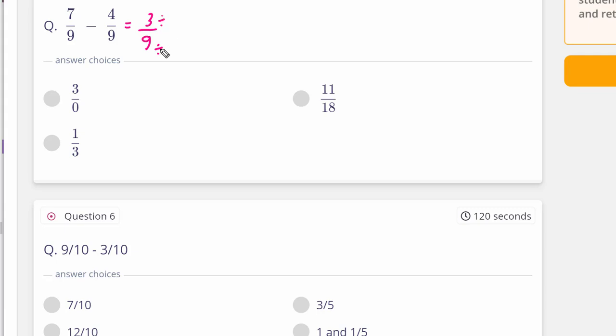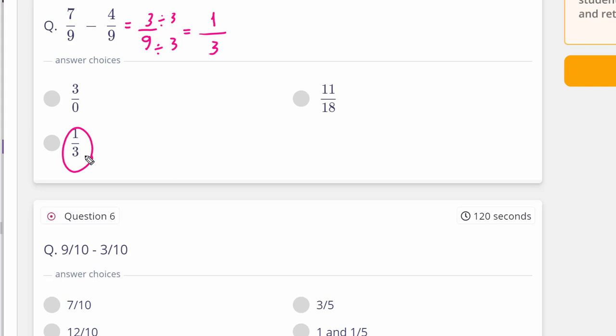What is the common factor of these two numbers, 3 and 9? 9 is in the timetable of 3, so we can divide by 3. 3 divided by 3 equals 1, and 9 divided by 3 equals 3. So the correct choice here is 1/3. Okay, thank you, Abdulaziz.